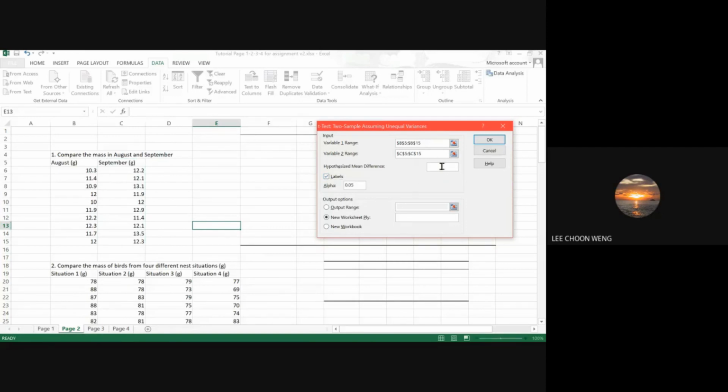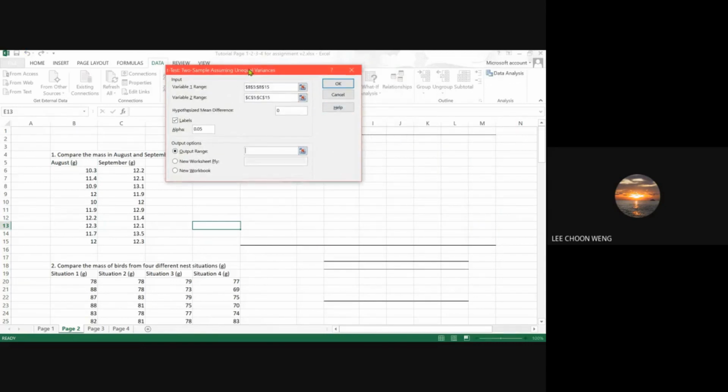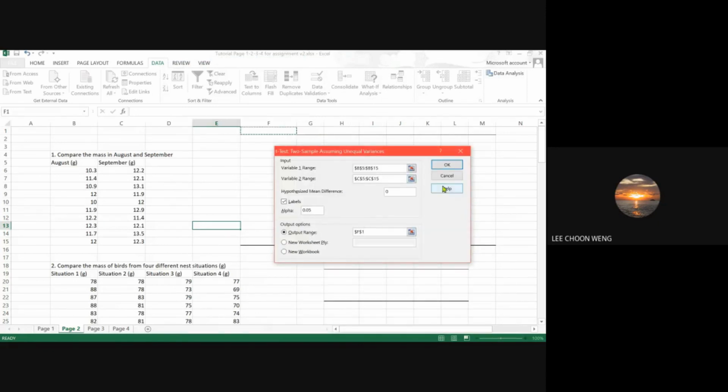Hypothesized mean difference, I say 0, because you can only test whether they are similar. You can't test whether they are different. So we said they are similar. Let's test it out. Then output range, I'll put it here. Then we click OK.